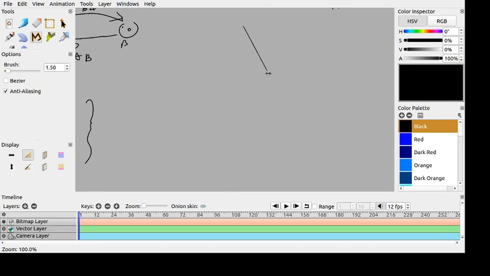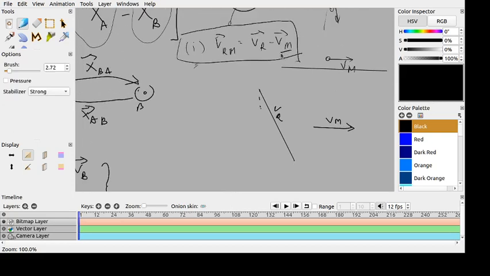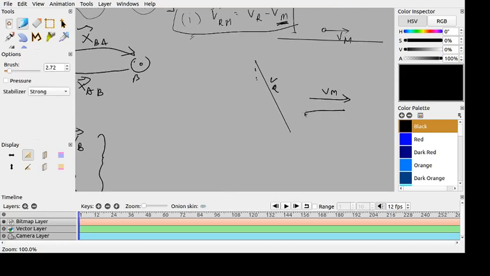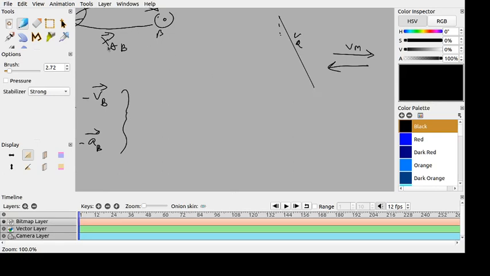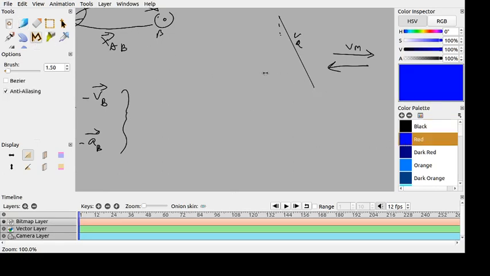Take a look here. This is the velocity of the rain, the actual velocity of the rain. I have told you it is occurring at an angle. And this would be the velocity of the man, but we want minus the velocity of the man, right? So we have to go in the opposite direction. So this becomes minus Vm.